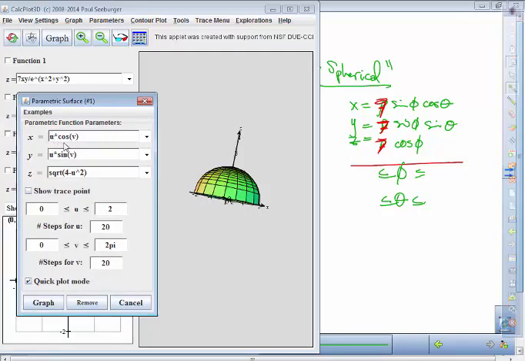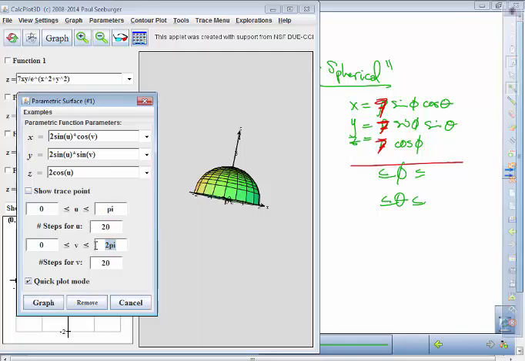Just for convenience sake, I'm going to let my u be phi and my v be theta. And my 7 equal to 2. Which means my u limits are going to go from where to where? 0 to pi, and my v limits go from 0 to 2 pi.